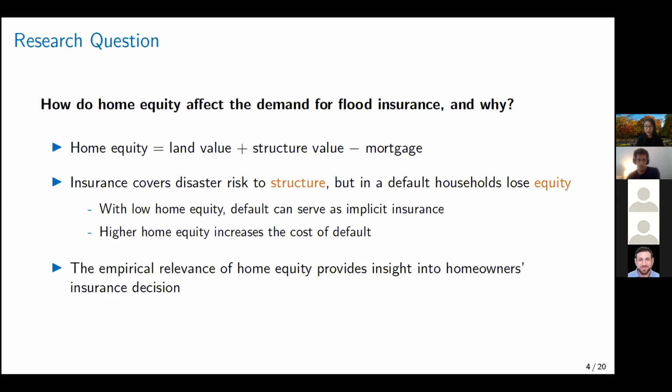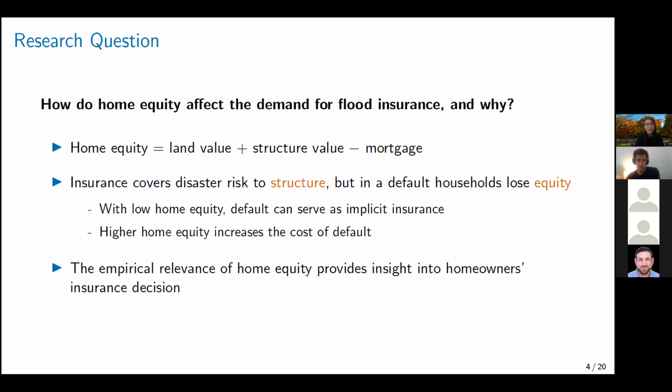And so with low home equity, the default can actually serve as a kind of implicit insurance that caps their loss. But with higher home equity, it changes the homeowner's incentive to default, because homeowners now would want to protect themselves from the possibility that they have to default. And so different levels of home equity change the homeowner's incentive to buy flood insurance.